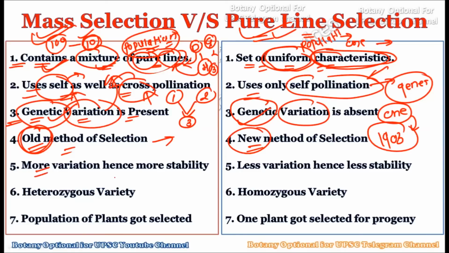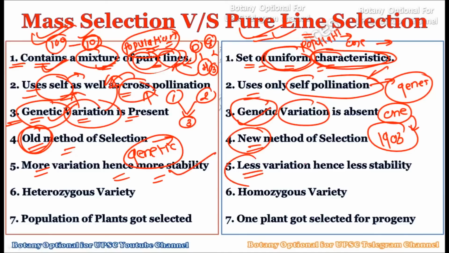Then, more variation and hence more stability. If there is more genetic variation in any organism, that organism tends to be very stable in an ecosystem because it shows a higher degree of adaptability. Hence the mass selection method shows a higher degree of variation among the genetic material, and hence these plants are more adaptable towards the environment, and hence this shows more stability.